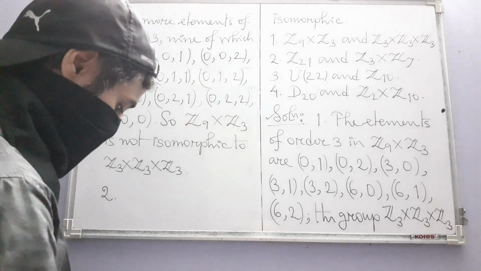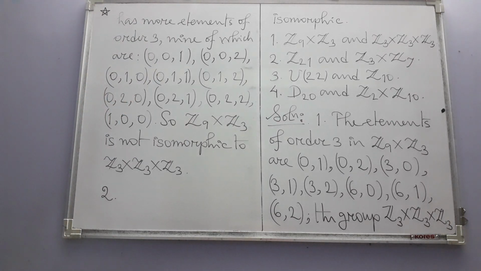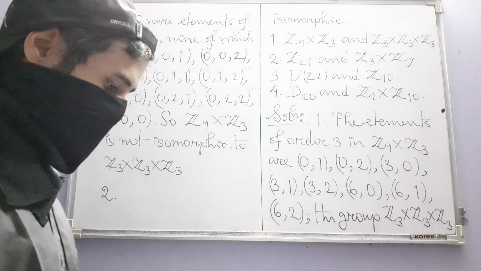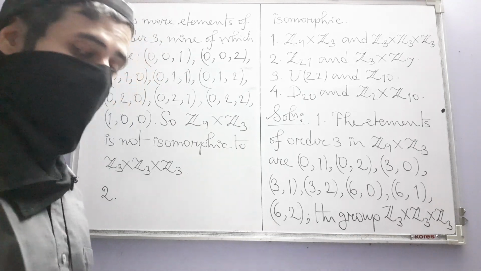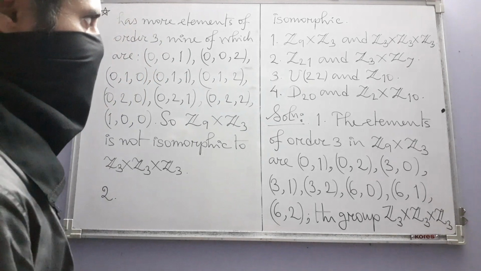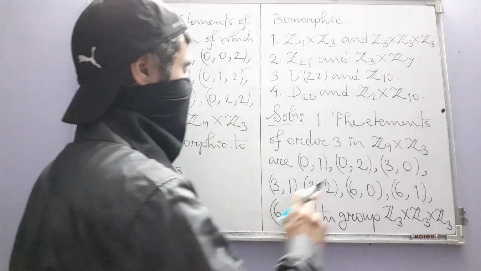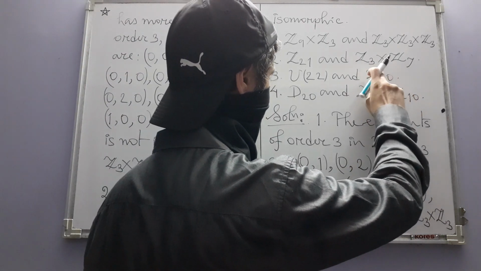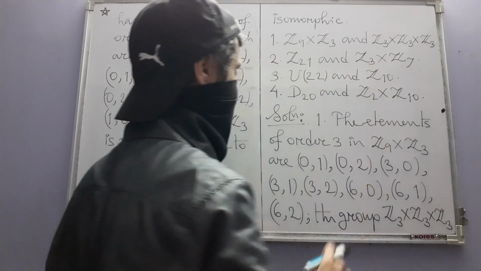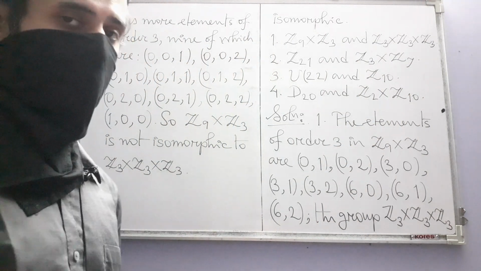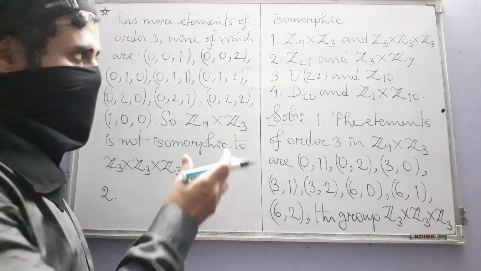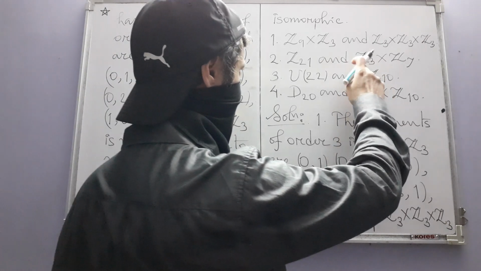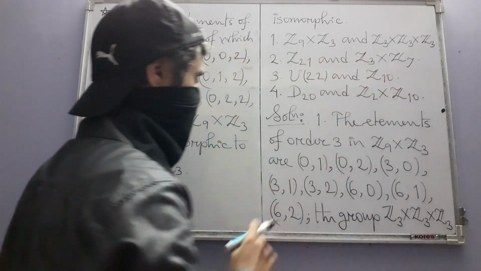Alright, then what about the second one? For the second one, actually they will be isomorphic, and that fact is a consequence of the fact that these 3 and 7 are relatively prime. But how can you set up an isomorphism between this group and this group?